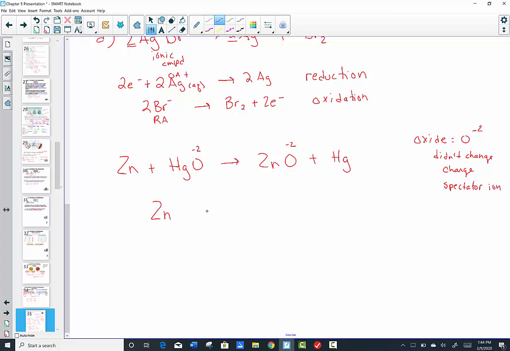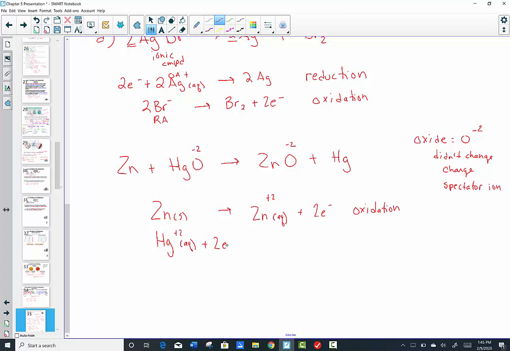So you can really just get rid of your spectator and rewrite your two equations such as this. The elemental form of zinc as a solid formed the aqueous ion of zinc, which was +2, and to do so had to lose 2 electrons. That's an oxidation process. Now, the mercury started as a +2 charge aqueous ion.